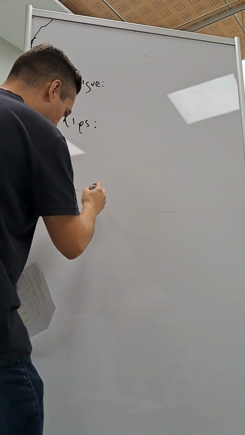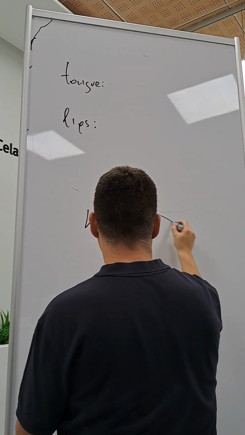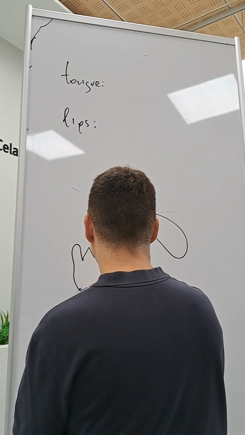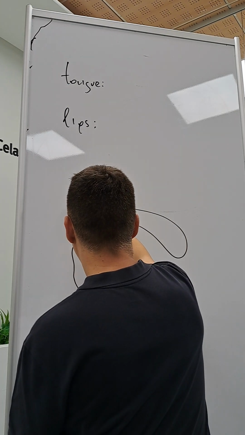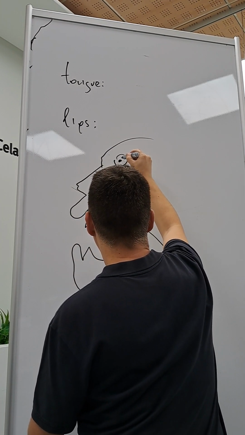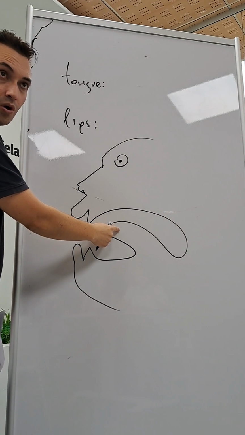Let me draw a mouth here very quickly. Okay, this is a mouth. So the tongue is the most movable organ.